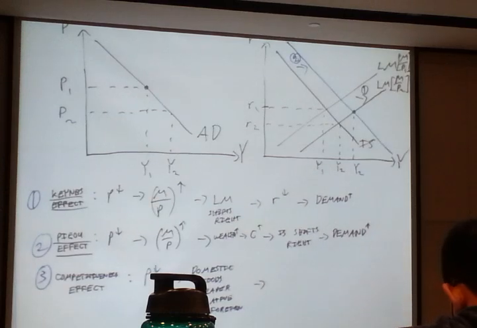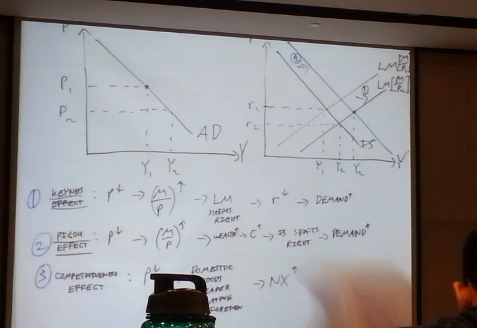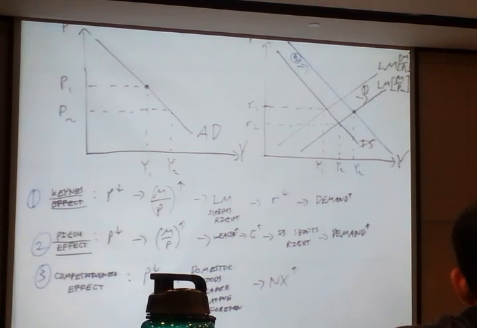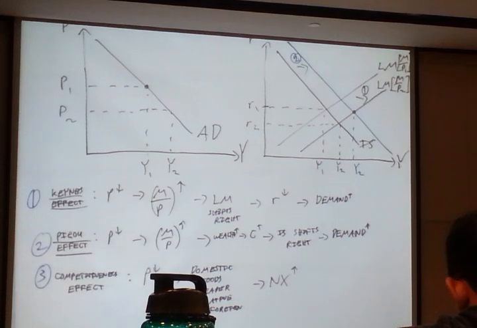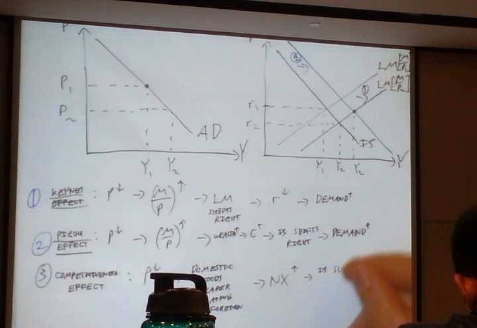You need a Marshall-Lerner condition technically to deduce this next step, but we normally assume that a fall in the relative price of domestic goods to foreign goods improves net exports. The quantity effects dominate the value effects. That means the IS curve shifts right. Number 3, competitiveness.